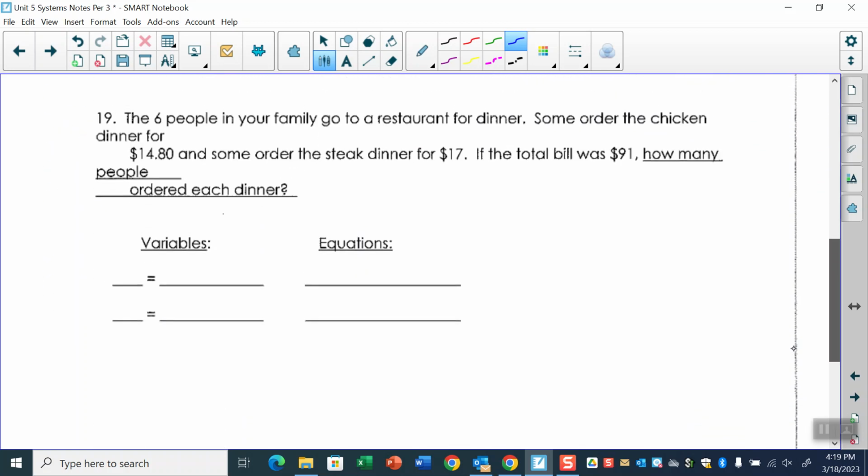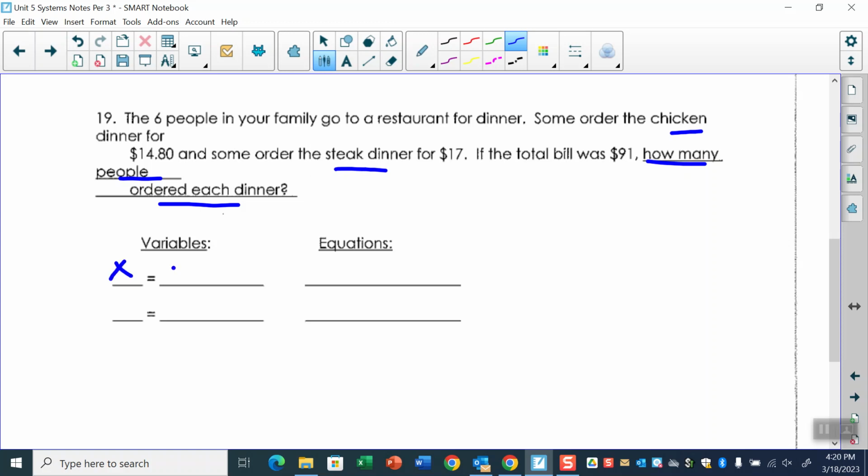Okay, and the last one here finally. You've got 6 people in your family going to a restaurant for dinner. So how many people ordered each dinner? All right, so you've got chicken dinner and you've got steak dinner. All right, so those would be the 2 types, right?